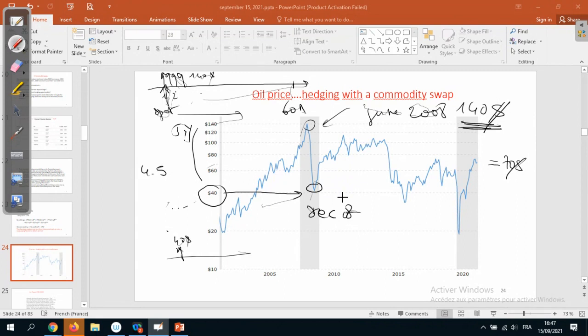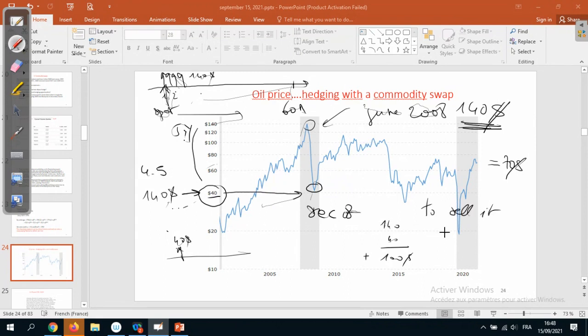Because in the swap, when the price moves down to 40, with the bank, you pay 140, you receive 40, you pay $100 to the bank. You buy your oil at a $40 price, okay? But you have to add your loss on the swap. And the price is ever $140. So it was really not comfortable. It's the reason why Air France decided to sell its swap.